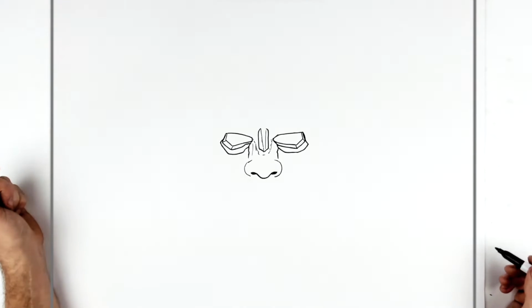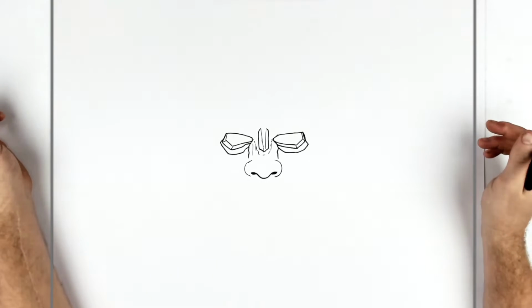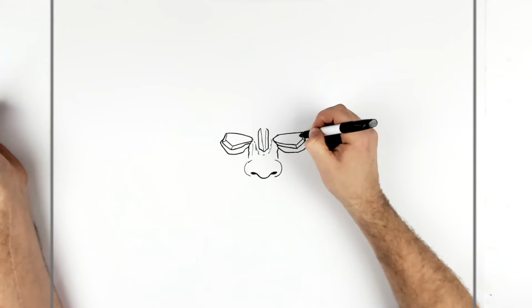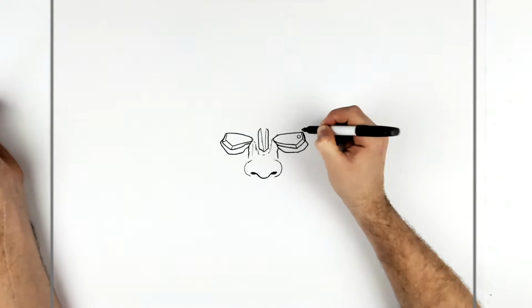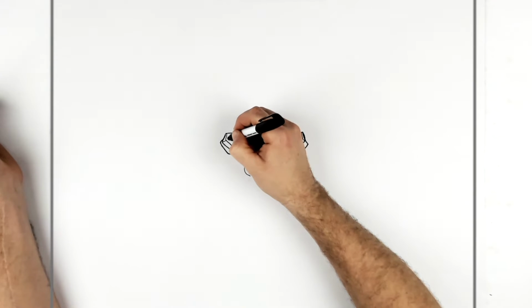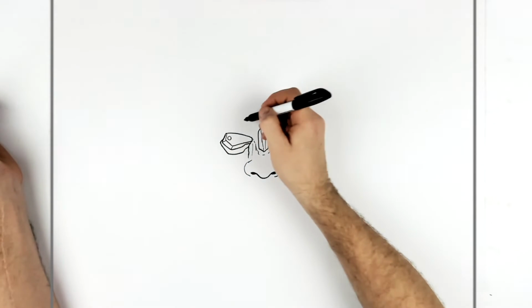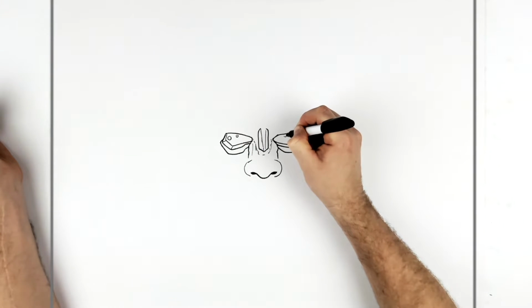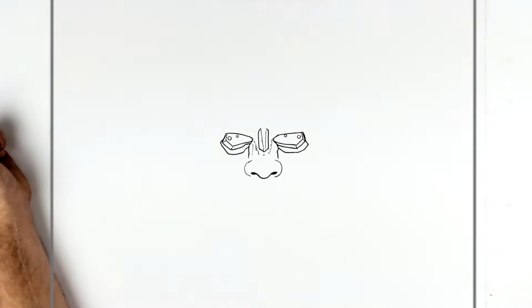I think there's some circles on the lenses of his eyes. It's not entirely clear, but I think there's something here. Right, and another thing here. There.